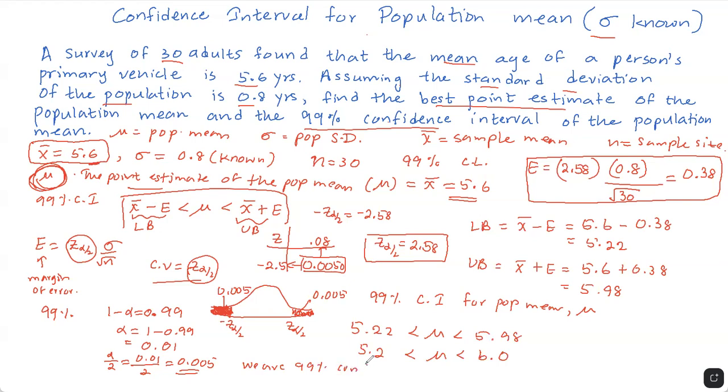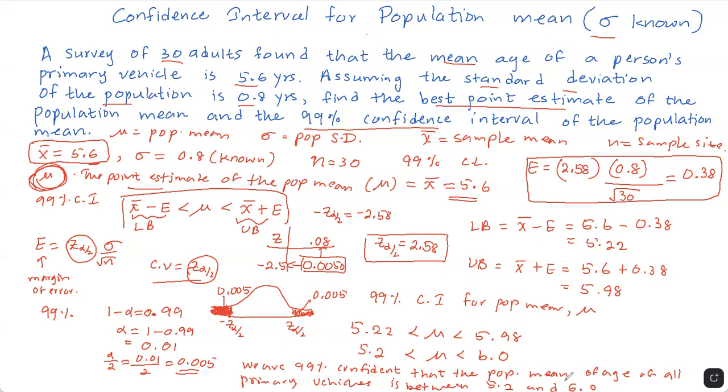So the interpretation of this confidence interval is we are 99% confident that the population mean age of all primary vehicles is between 5.2 and 6.0.